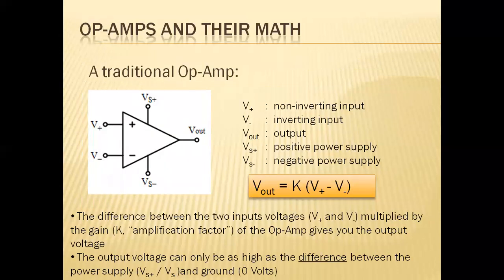So we will be considering the operational amplifier and its math, how the calculations take place. The operational amplifier is indicated with voltages: non-inverting input positive, inverting input negative, and output V output, and the power supply towards the positive, Vs plus, and towards the negative, Vs minus.